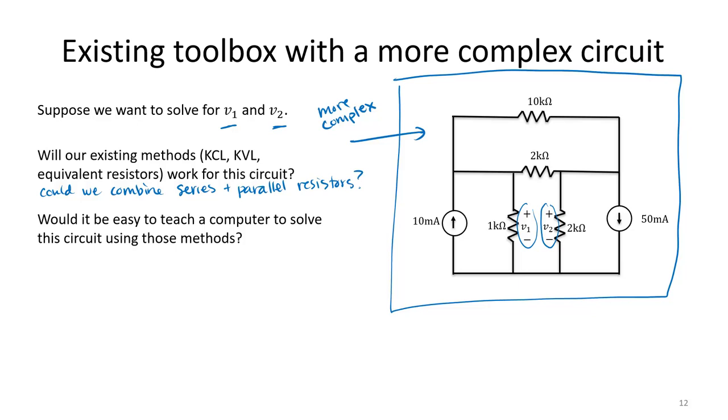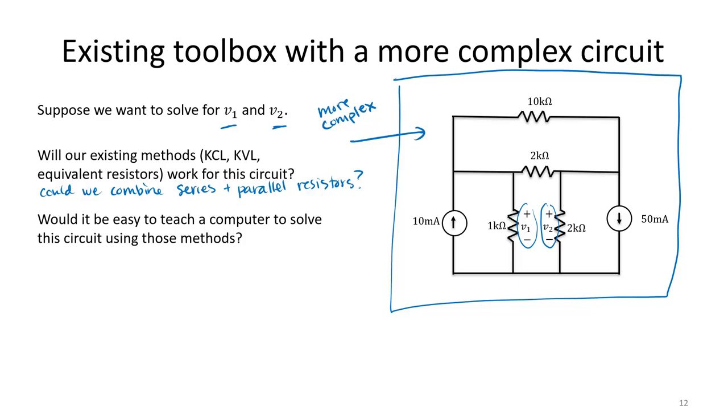Looking at this circuit, it's not so straightforward how we would do that, right? We have some resistors that are in series with the current source, but then if you look at it more closely, there's also some strange paths in multiple directions. It's not necessarily straightforward how we could solve this using the tools we already know.